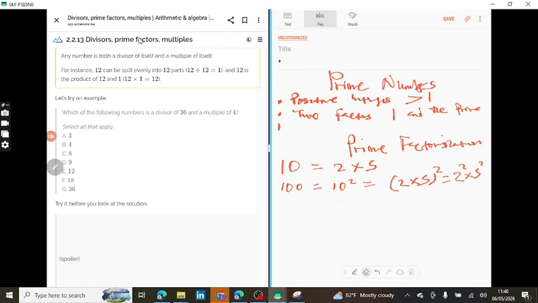Because look at 64. 64 equals 2 raised to the power 6. 2 raised to the power 6 is the prime factorization of 64. Can you do it? Okay.